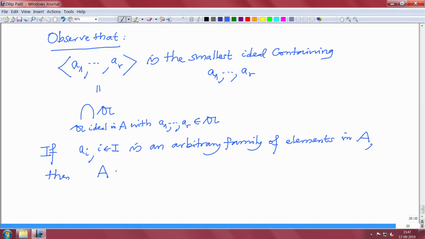This is by definition the smallest ideal containing all the a_i's.